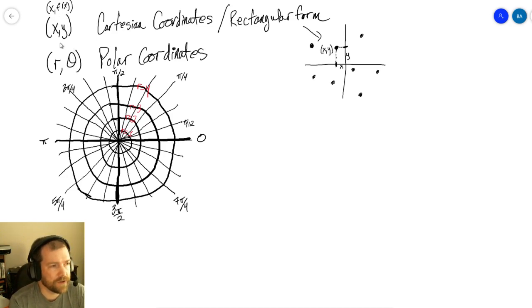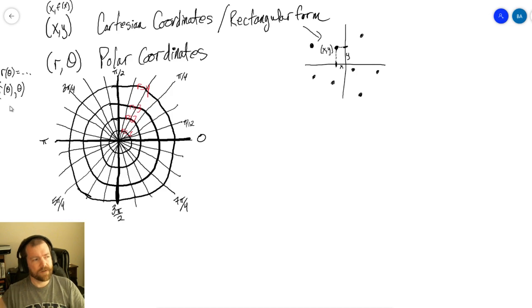Most of the time, when you write functions in polar coordinates, they are r of theta is equal to something, which means we've got r of theta comma theta. So it's a little bit backwards from how I'm used to doing this.